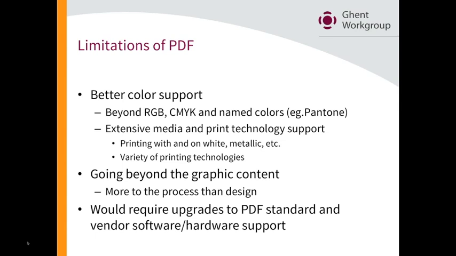Additionally, we found that there was a need for extensive media and print technology support. For example, we want to be able to print with and on white, metallics, different types of media, plastics, etc. That would actually be very difficult at the time to begin to present and view in a PDF file.